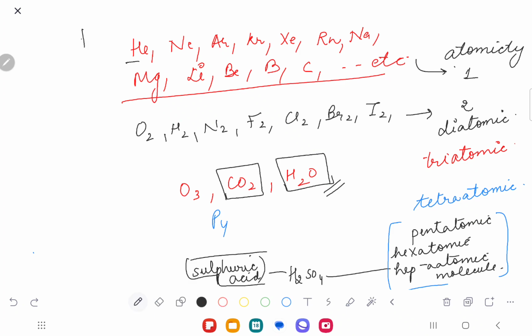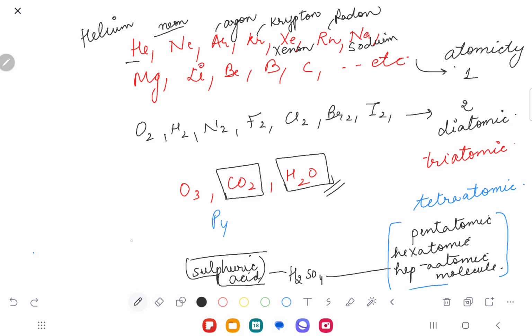So He is helium, Ne is neon, Ar is argon, Kr is krypton, Xe is xenon, Rn is radon, Na is sodium, Mg is magnesium, Li is lithium, Be is beryllium, B is boron, C is carbon, and so many elements.